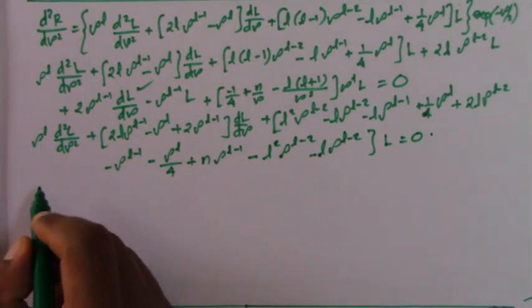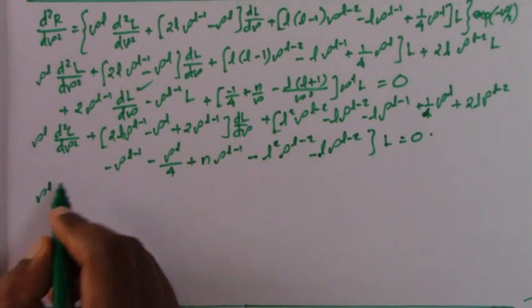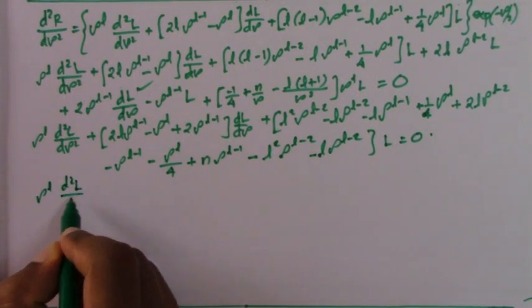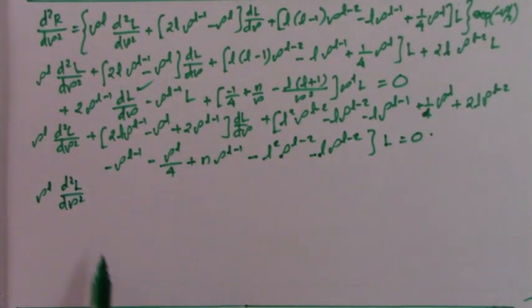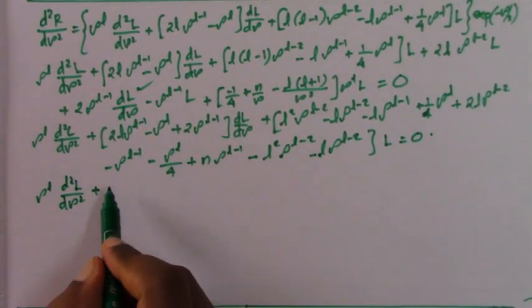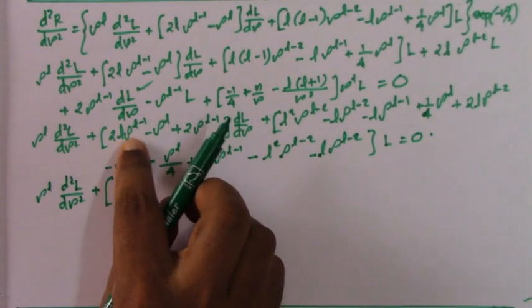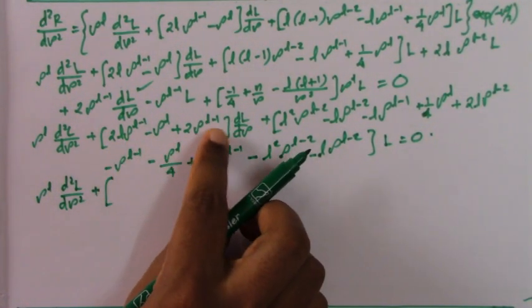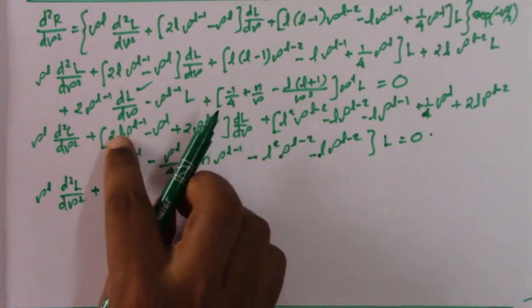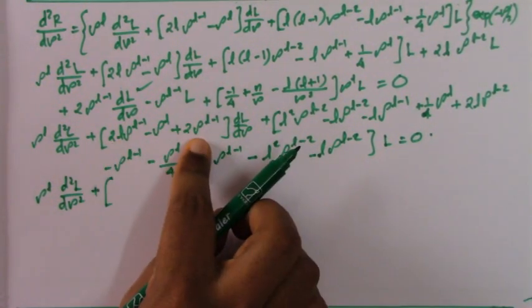So that is rho raised to L d square L divided by d rho square, plus 2L rho raised to L minus 1, plus 2 rho raised to L minus 1. Rho raised to L minus 1 is a common factor in the first and the third term inside the bracket.